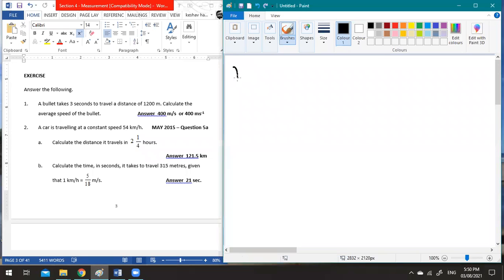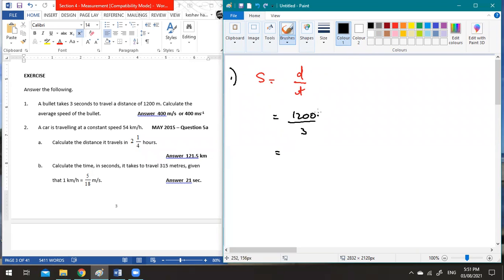So example 1. A bullet takes 3 seconds to travel a distance of 1,200 meters. Calculate the average speed of the bullet. We know the formula: speed is distance over time. The distance is 1,200 meters and the time is 3 seconds.